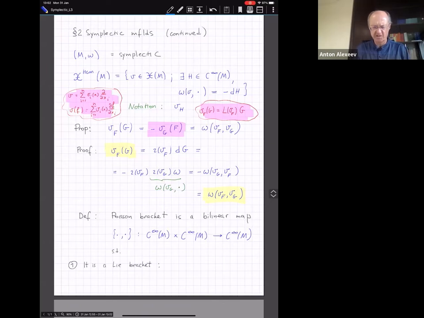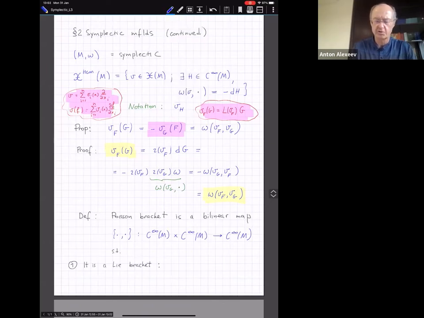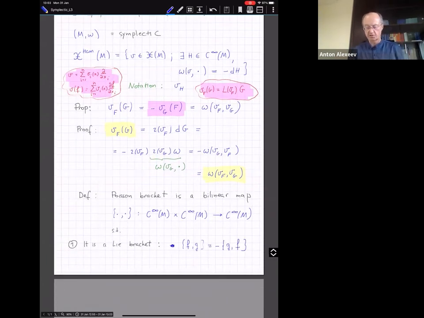And by the way, Lie brackets, everybody knows what it is, or nobody ever heard of that? You can write to me in the chat. So the first property is that it is skew symmetric with respect to the exchange of the arguments.